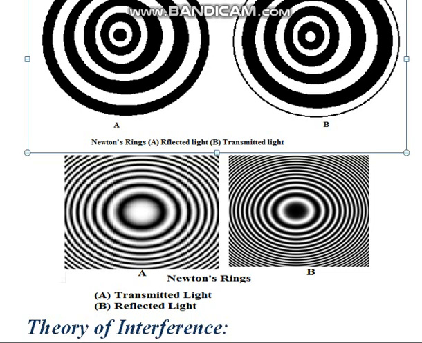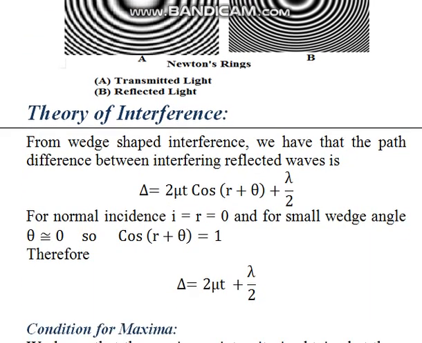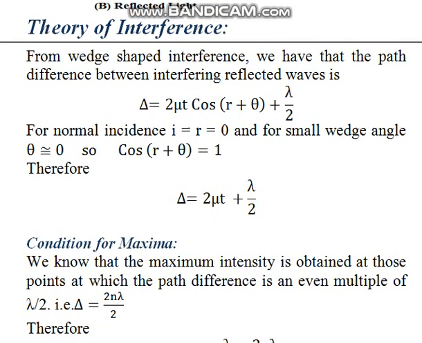Now let's see the theory of interference. That means how the interference takes place, and what are the conditions for maxima and minima. This is the formula for the wedge shaped path difference. For normal incidence and a small wedge angle, you obtain the effective path difference as 2 mu t plus lambda upon 2.